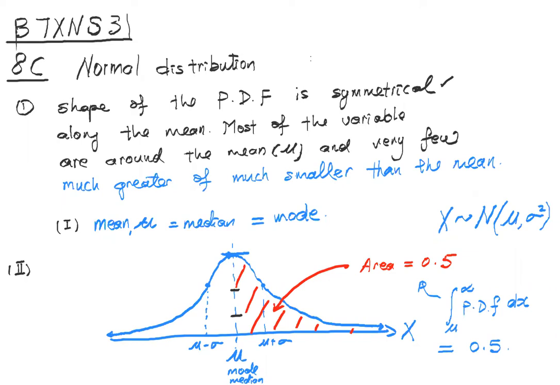Third, okay, second one written down already. The inflection point is located at one standard deviation away from the mean and is 1/3 down from the highest point.